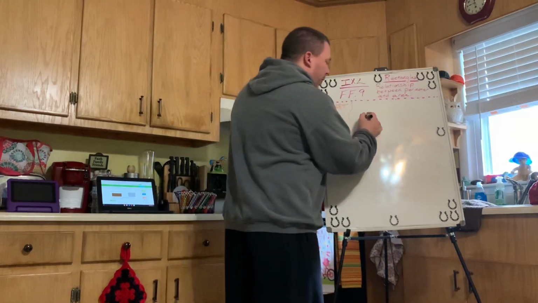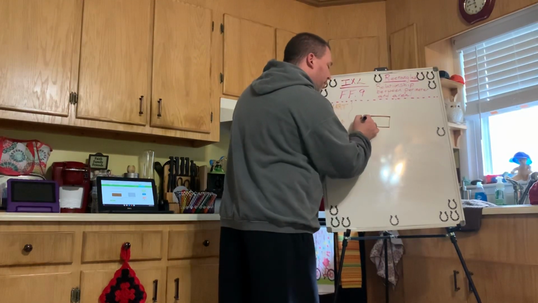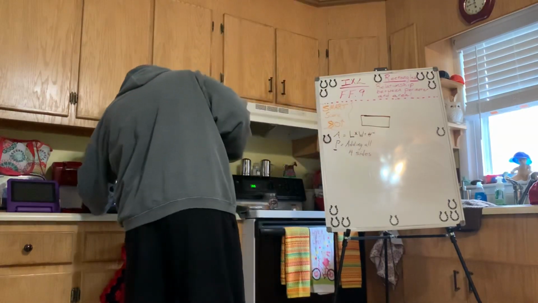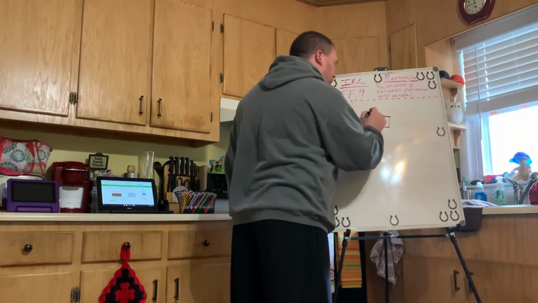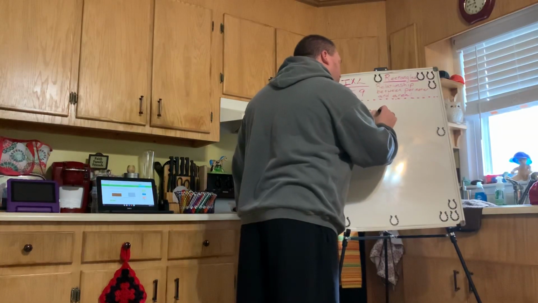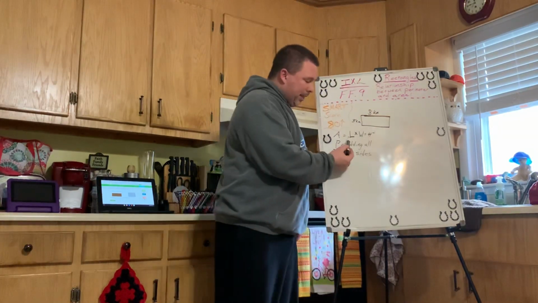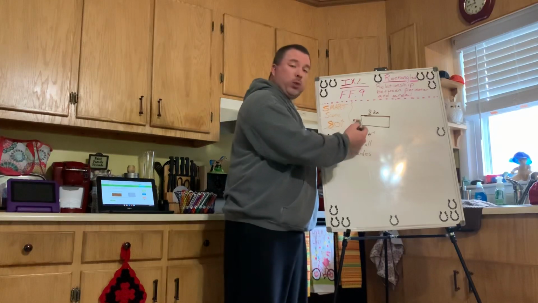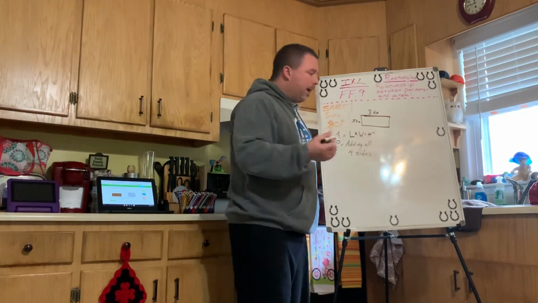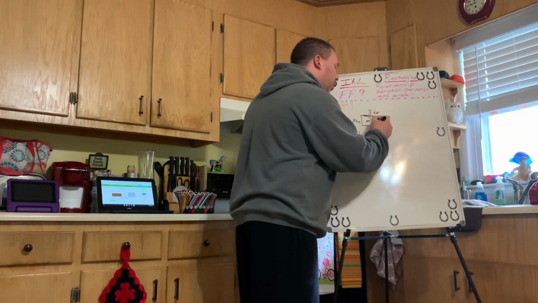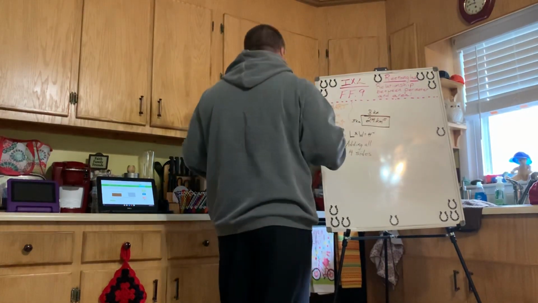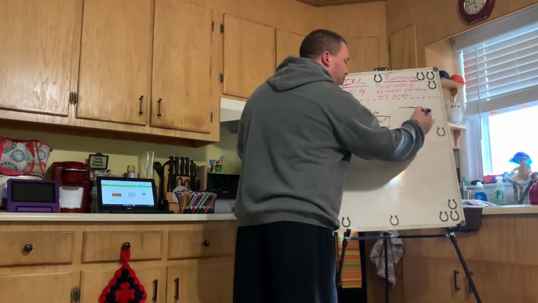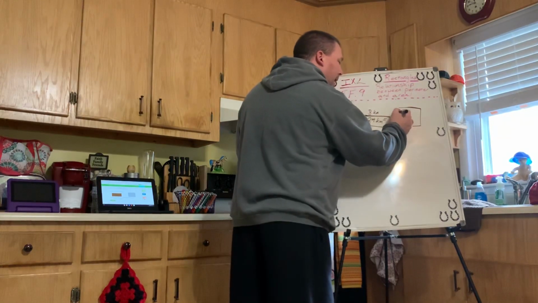We have a longer rectangle that is 3 kilometers by 8 kilometers. Okay, now area, length times width. So what is 3 times 8? That's right, it's 24 kilometers squared.